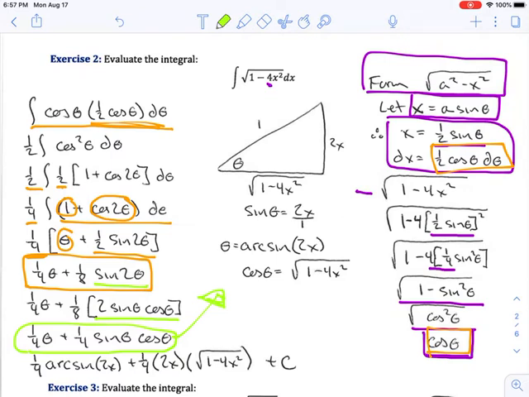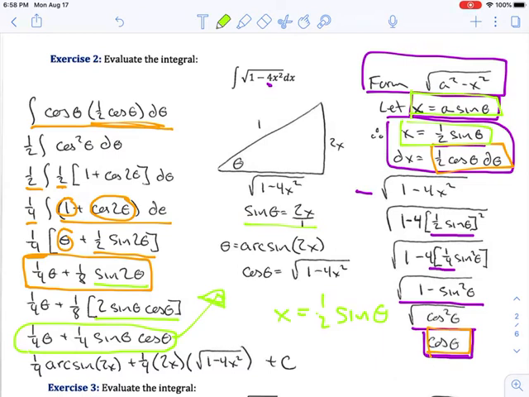The substitution that we did originally is the key to the relationship between the x's and the thetas. The relationship is that x is equal to 1/2 sine of theta. So if x is equal to 1/2 sine of theta, that means sine of theta is equal to 2x over 1, or just 2x.